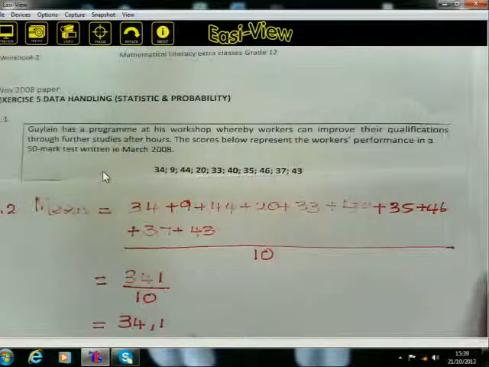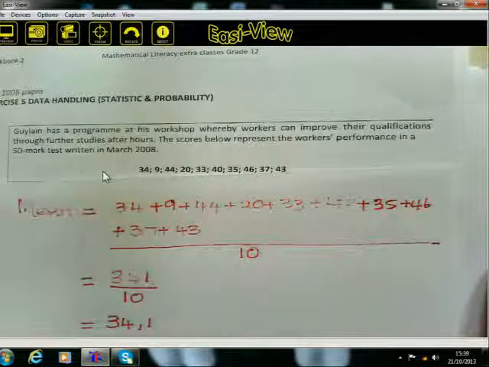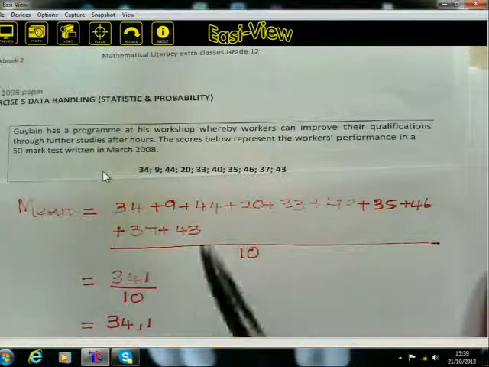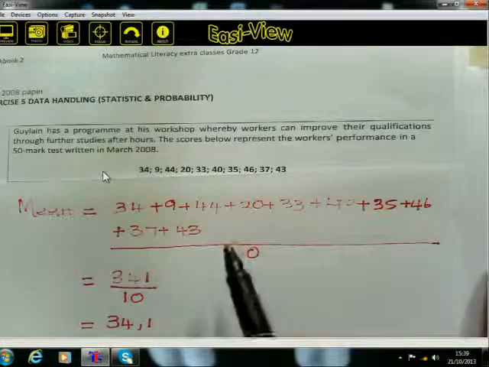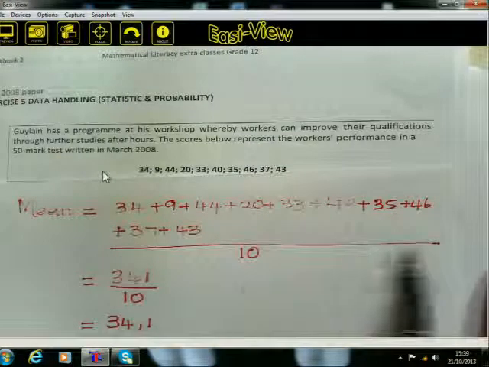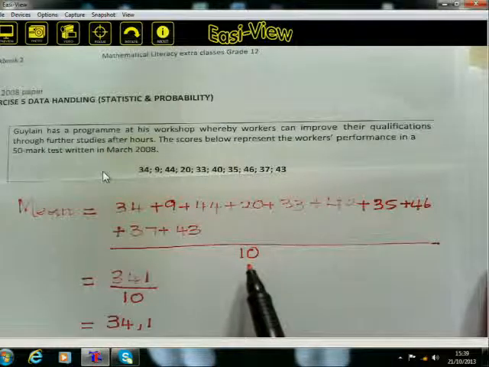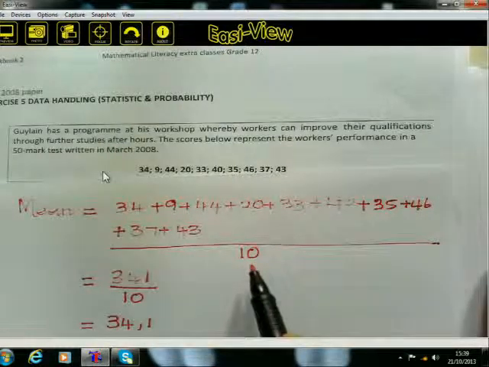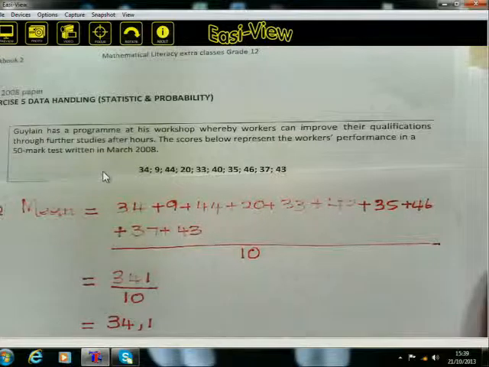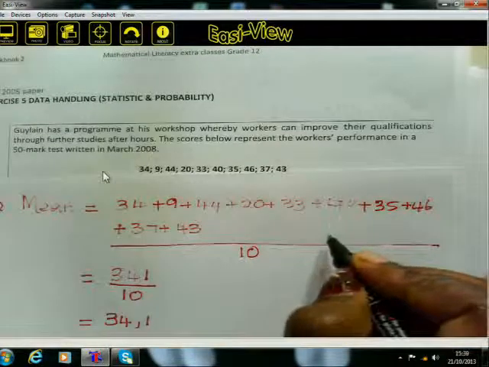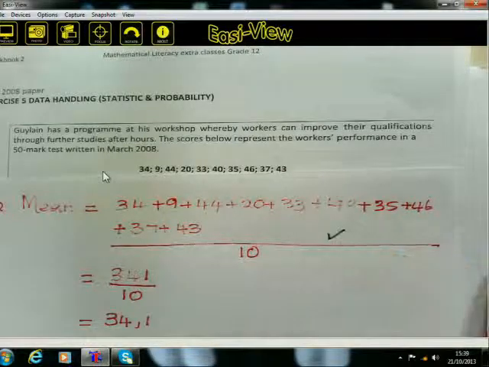So let us check your steps. You've got 3 steps. You have added all the data and you have divided by 10. This step is very, very important because when you are going to be marked, this step is very vital. So you will be allocated 1 mark there.